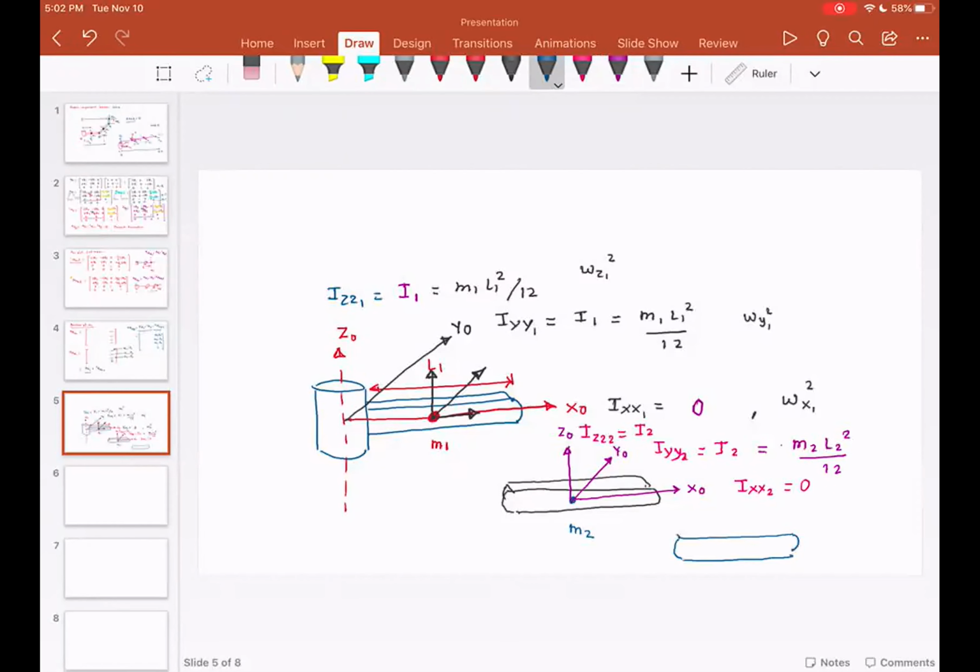The last part is I have the last link, which is over here. And now you know the logic. Same thing, I'm going to have X0, Z0, and Y0.